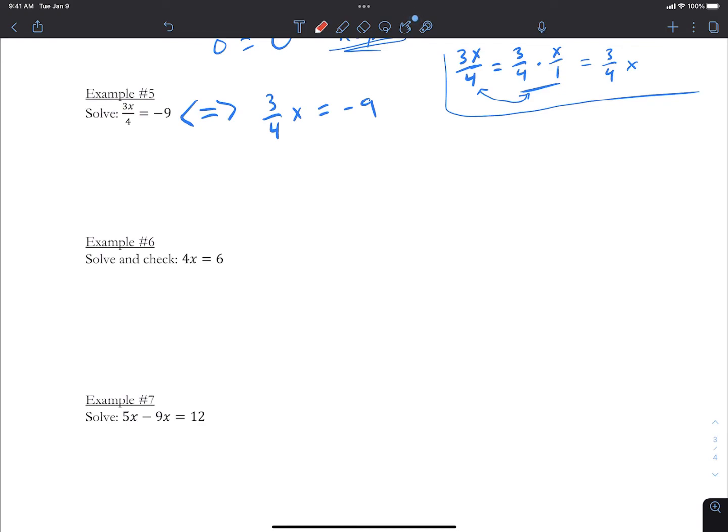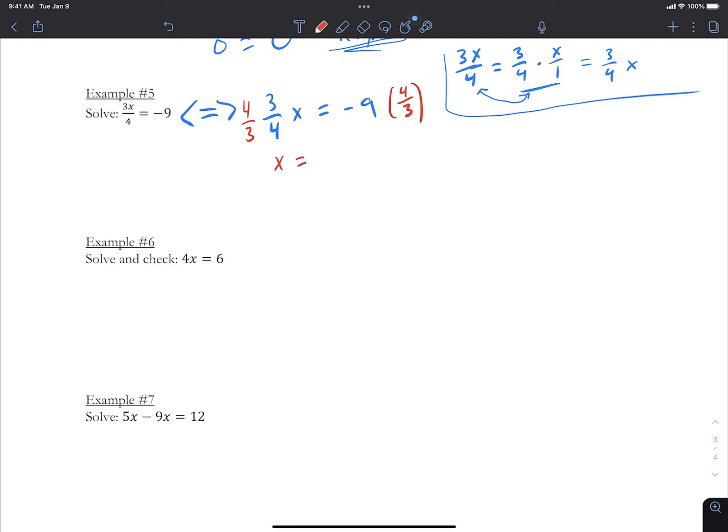So if I have 3/4 times x, what we're going to do is divide both sides by the coefficient. Division is just multiplying by the reciprocal. So if I multiply both sides by 4/3, on the left-hand side I'm left with just x.